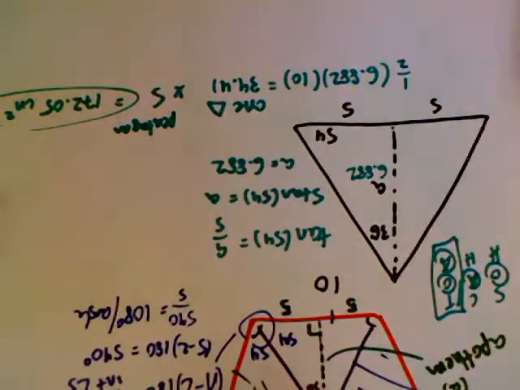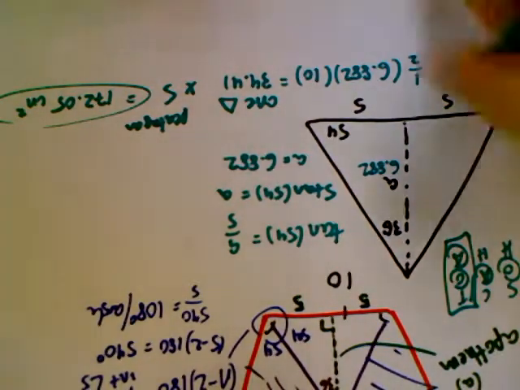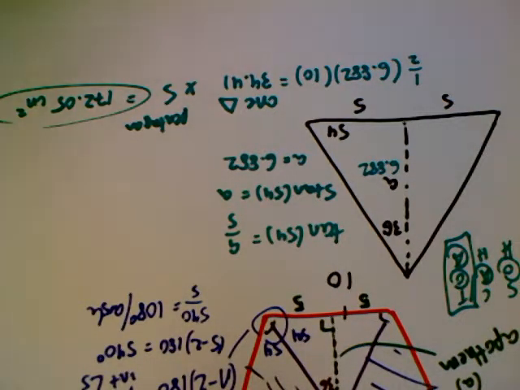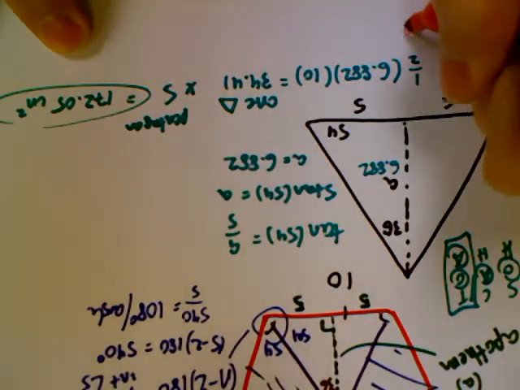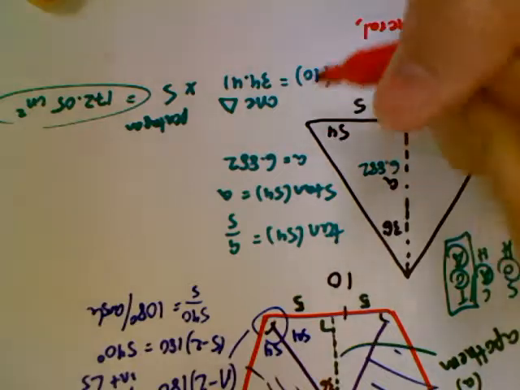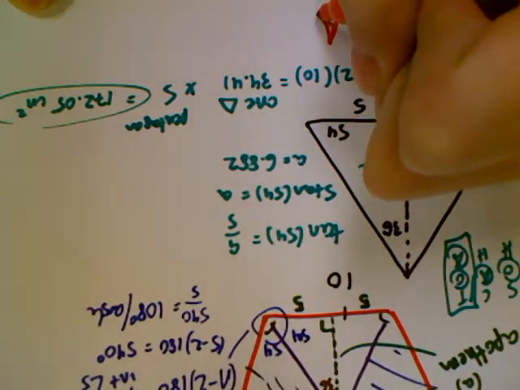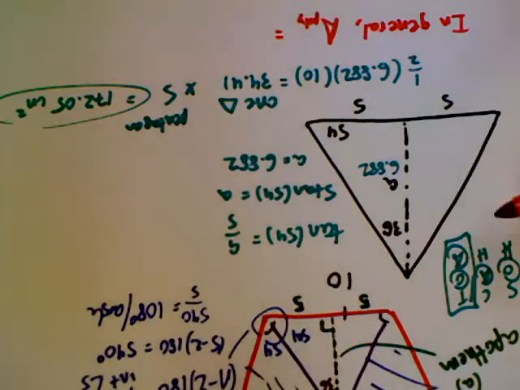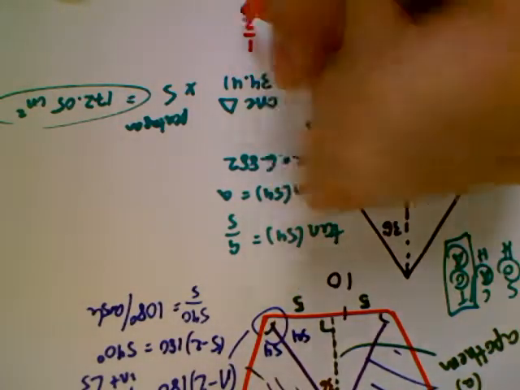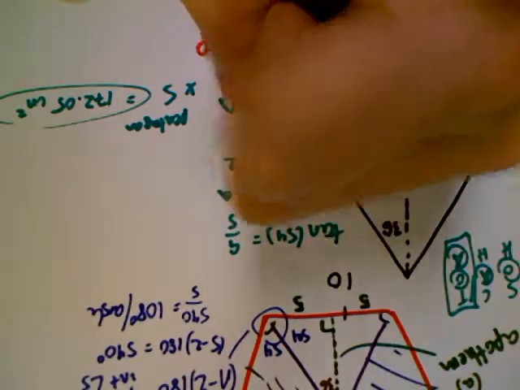So the way that gets generalized, I'll make sure I write this in general: the area of a regular polygon is going to be 1/2 the apothem times the perimeter.